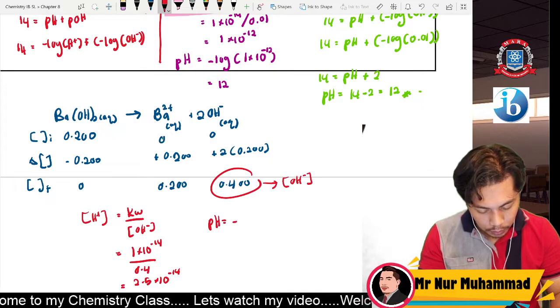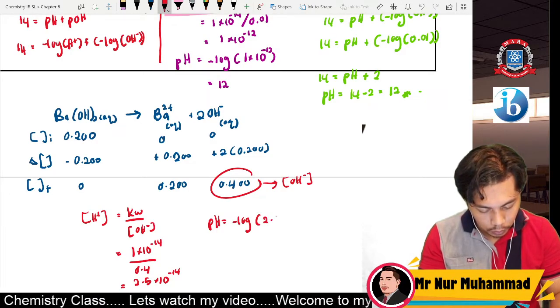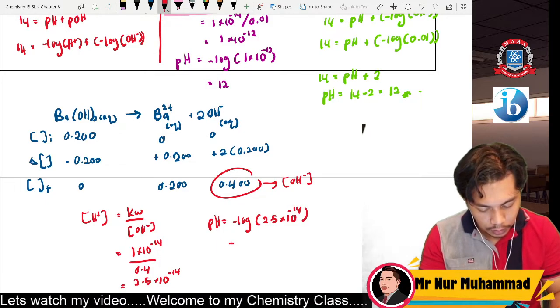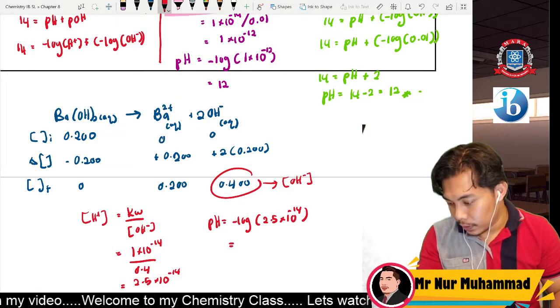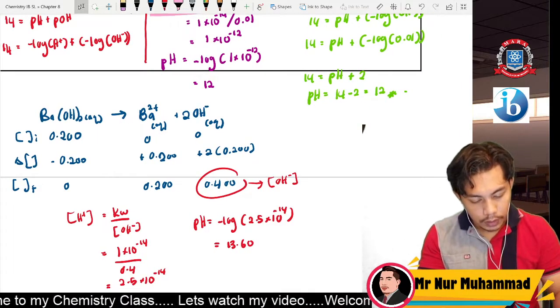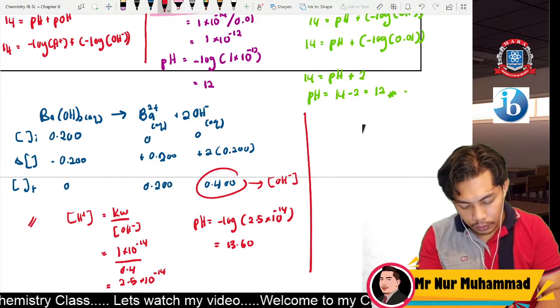So pH is equal to negative log of 2.5 times 10 negative 14, and the answer is 13.60. This one is the first method.